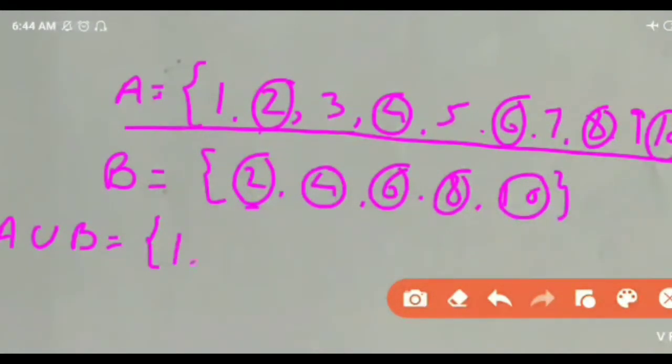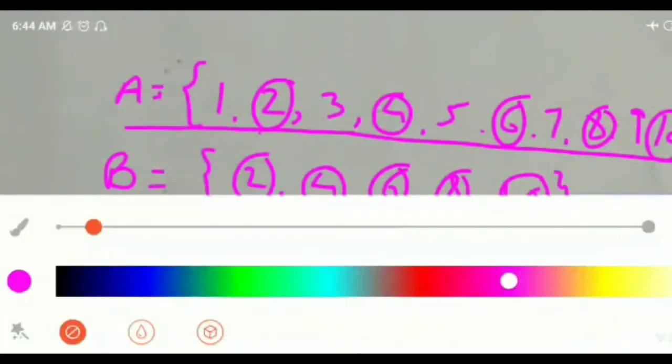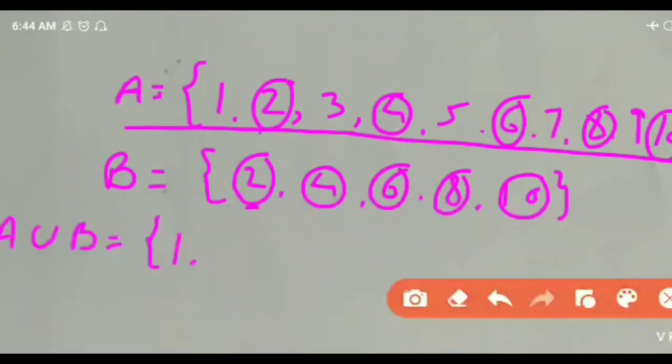So 2 is present in both the sets, but we do not write it two times. We have to write it once only.